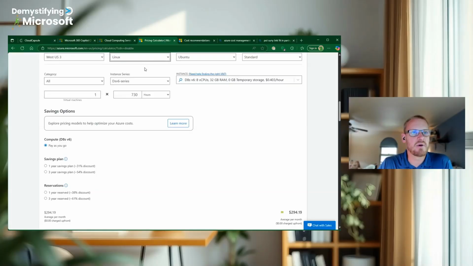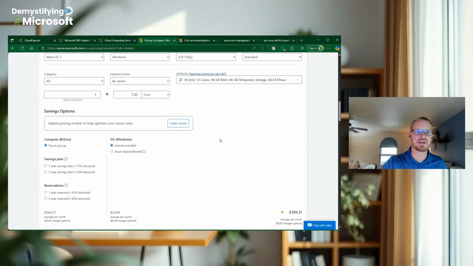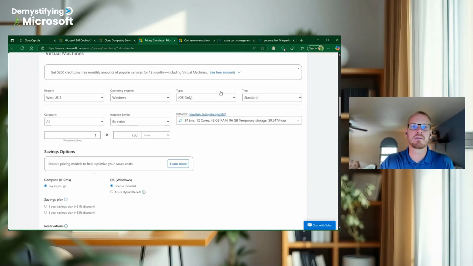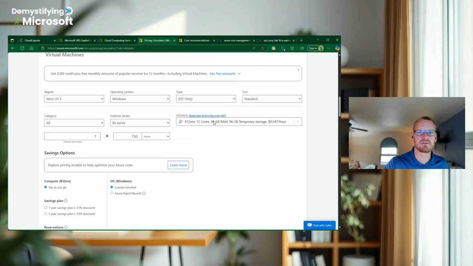The other variable that can come into this is if you are running some of the smaller VMs. So like, let's say you're running a BS series, a B series. These are the burstable, highly cost-effective VMs. You can see here that even on a bigger B series, like a 12-core 48 gig of RAM, the benefit of turning on hybrid use benefit, $399 to $364, is barely more than the cost of the license at $30 a month approximately for a Windows server.